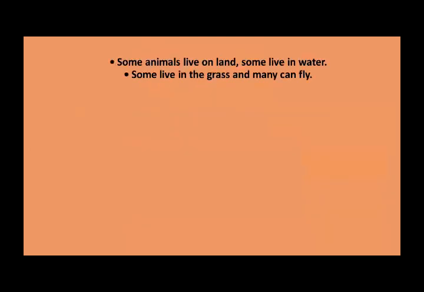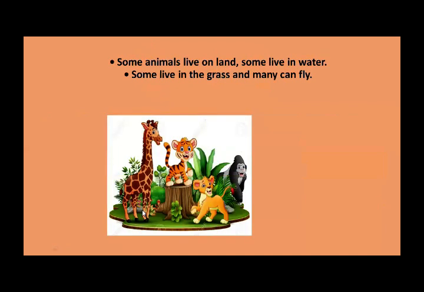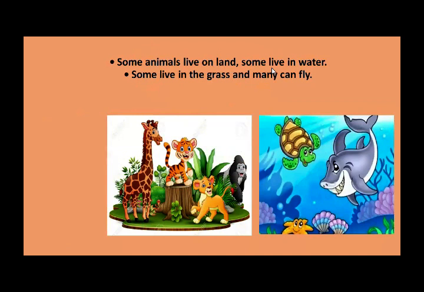Some animals live on the land. Okay, some animals live on the land, like giraffe, tiger, cat, gorilla, and goat, cow, and there are more examples. Some animals live in the water, like turtle, starfish.